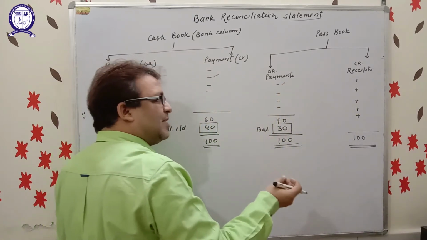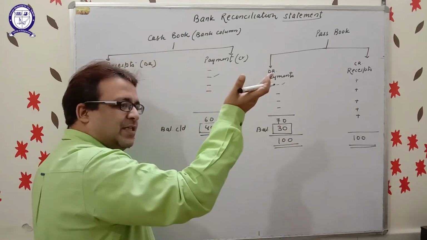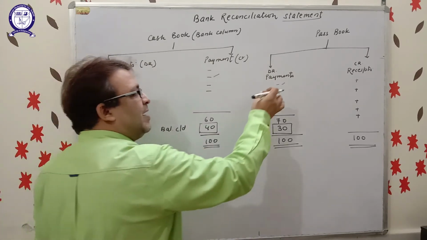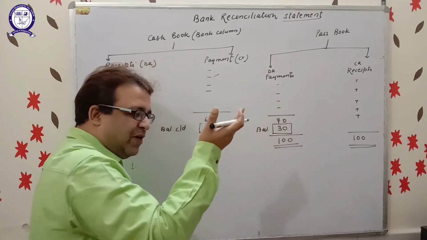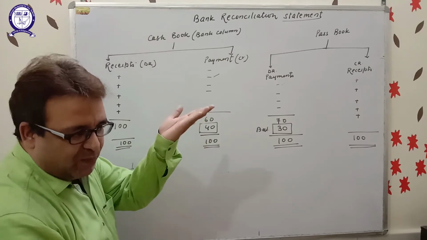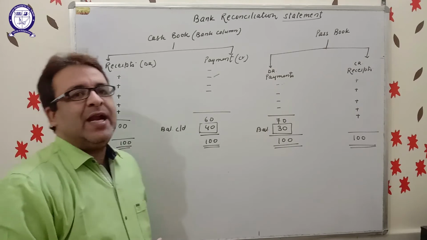Suppose bank has wrongly credited our account, our bank balance will increase but the cash book balance is the same. When bank wrongly debited our account, that means bank withdraws some amount wrongly, our passbook is reduced but the cash book balance is the same, so there will be a difference between the cash book and passbook.